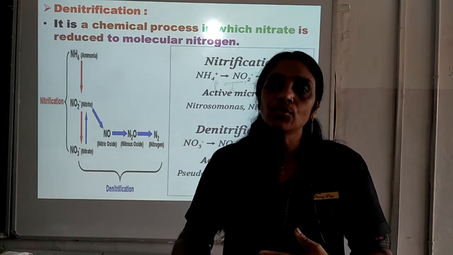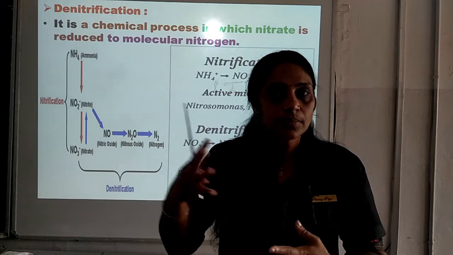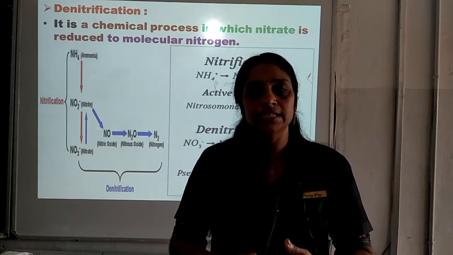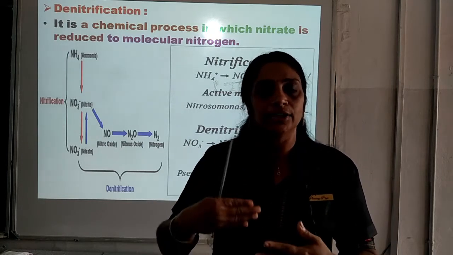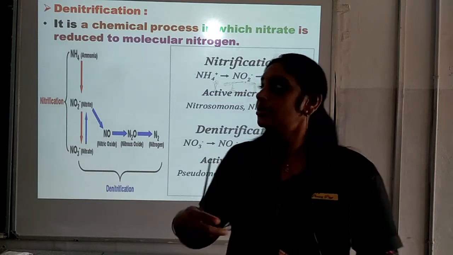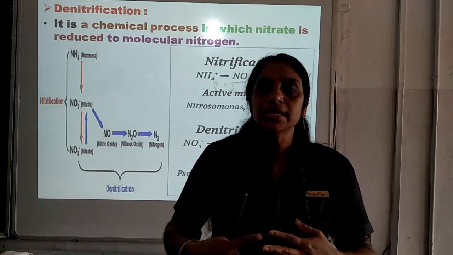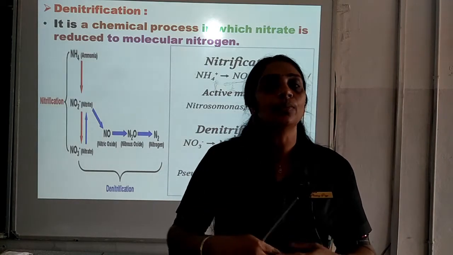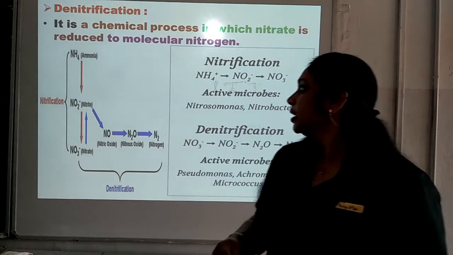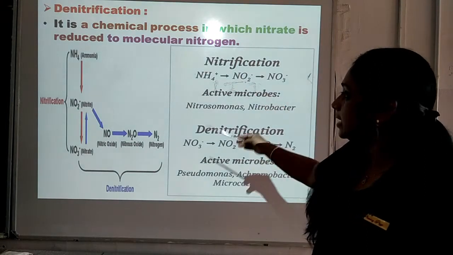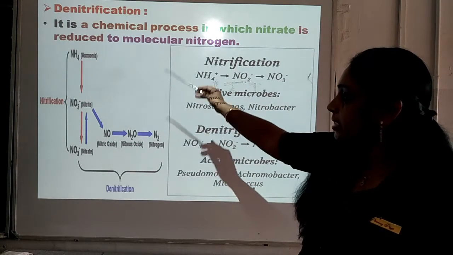Through nitrification what happened? The ammonia which is formed there is converted to nitrate by two steps, and the third process is denitrification, where again the nitrate is being converted to molecular nitrogen. Now, you can see here what is happening, isn't it?